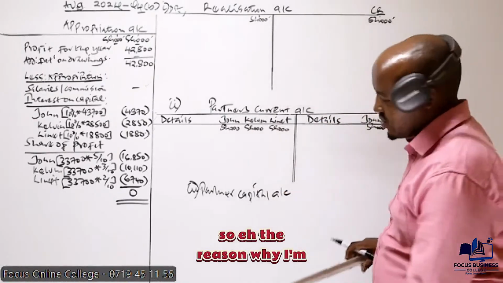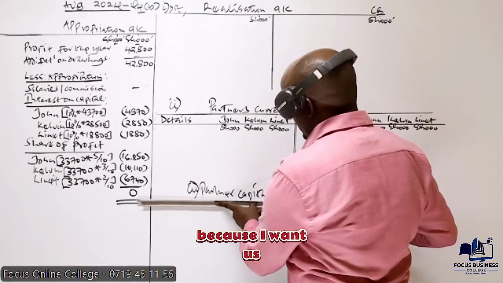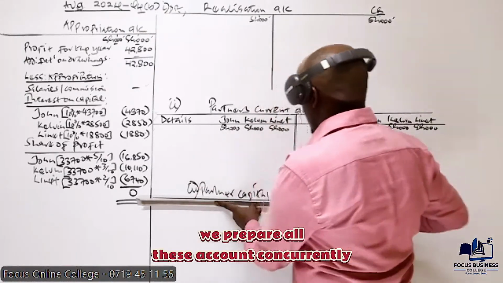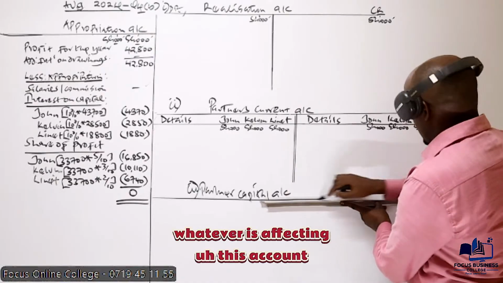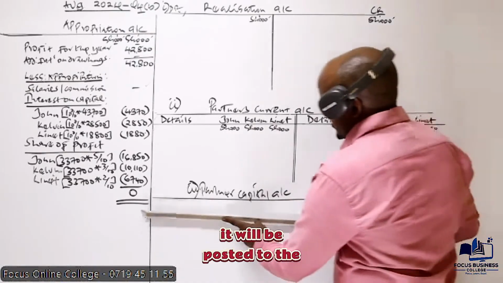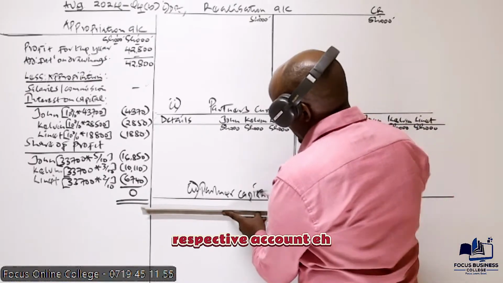And then Roman 3, we're required to prepare the partners capital account. The reason I'm having all these accounts is that I want us to prepare them concurrently. As we go through that balance, whatever is affecting an account will be posted to the respective account.